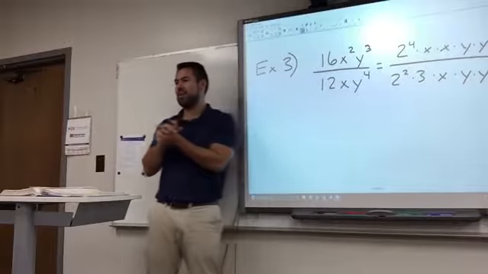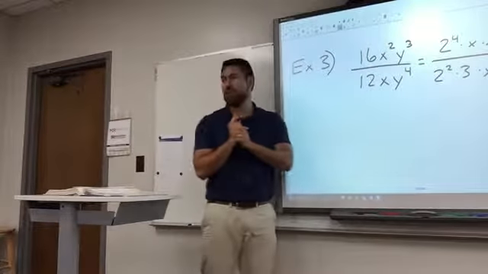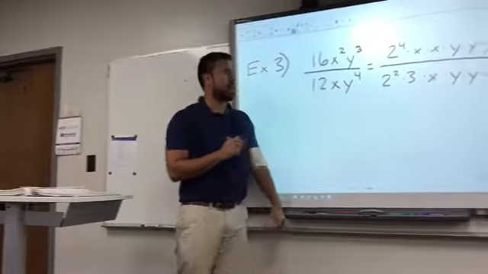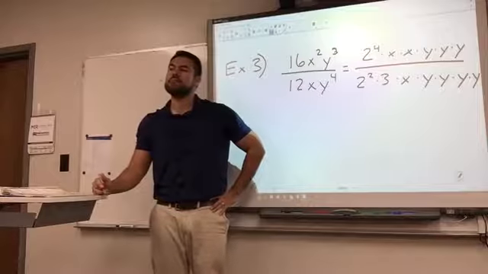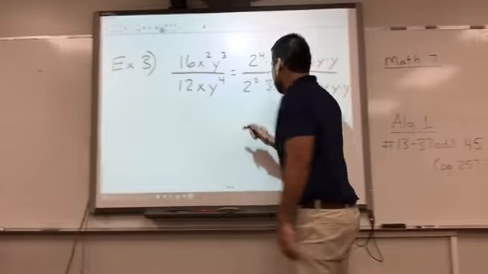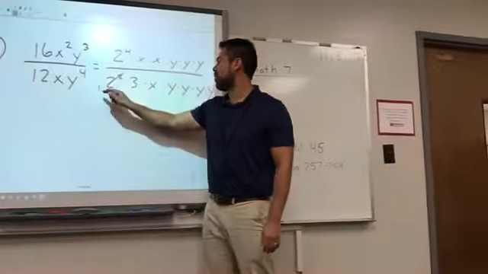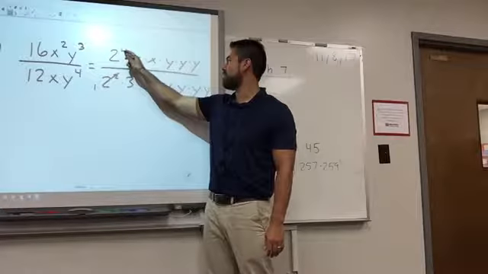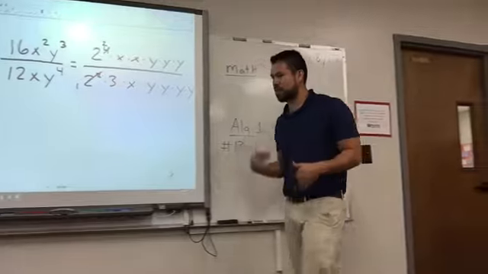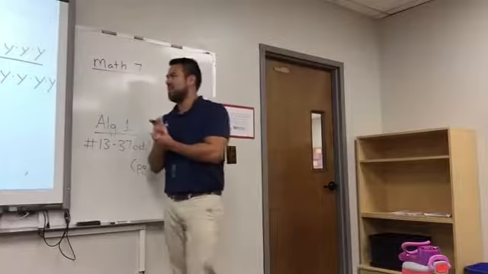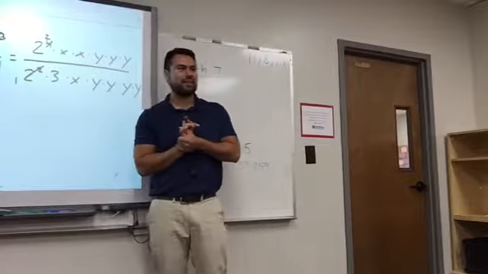Let's call on Betsy. The 2. Okay, how many 2's should get canceled? 2 of them. I'm going to cancel this one out, make it a 1. And then what do I do with the other one? Make it into a 2, because 2 were canceled out. What about the 3?